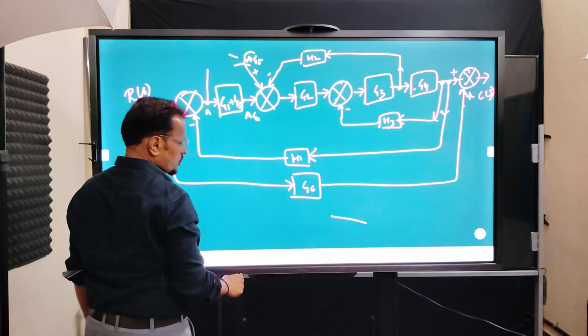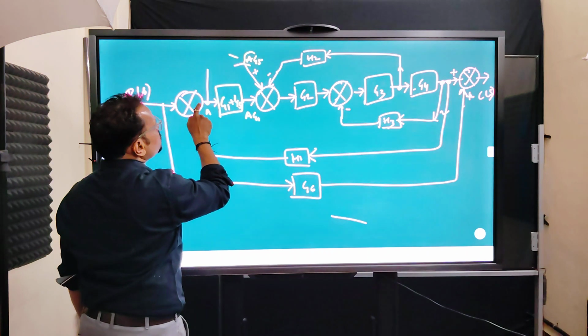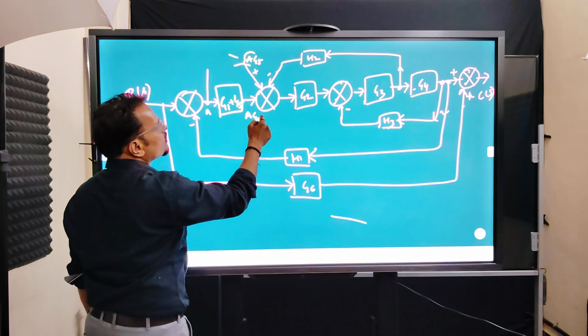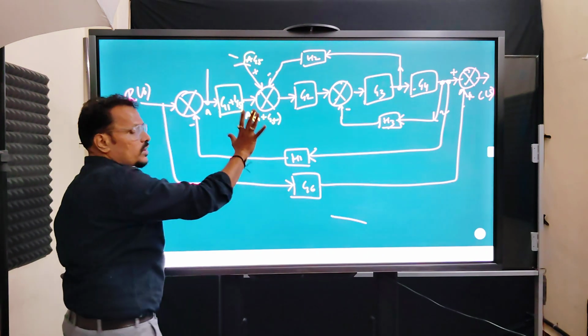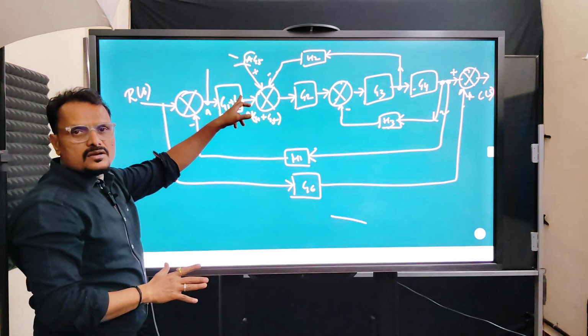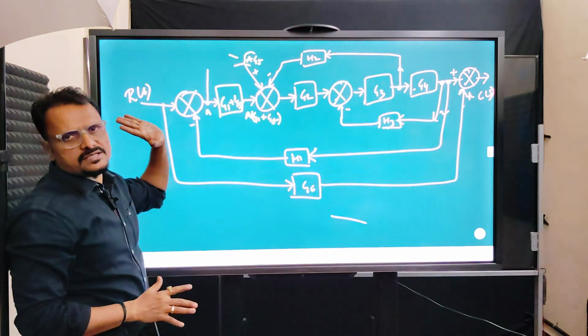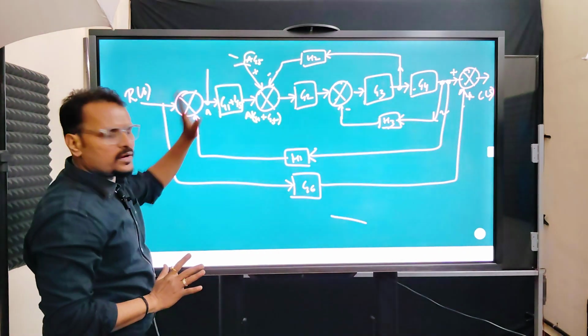Ultimately, if you go through this path, A is getting multiplied by G1 and G5, and here we will get A into G1 plus G5. Exactly the same as what we want. So we are not disturbing the performance of the system anywhere, but we have reduced two blocks into one block.